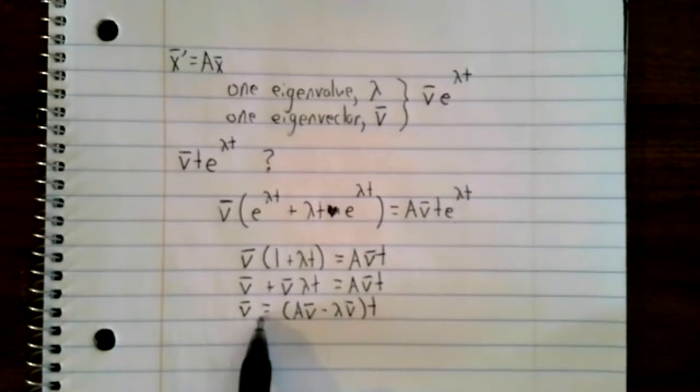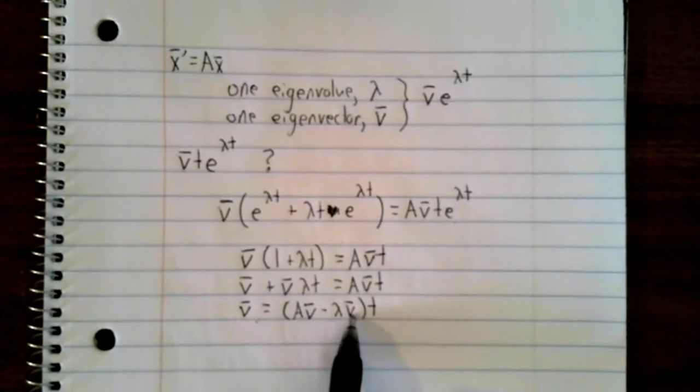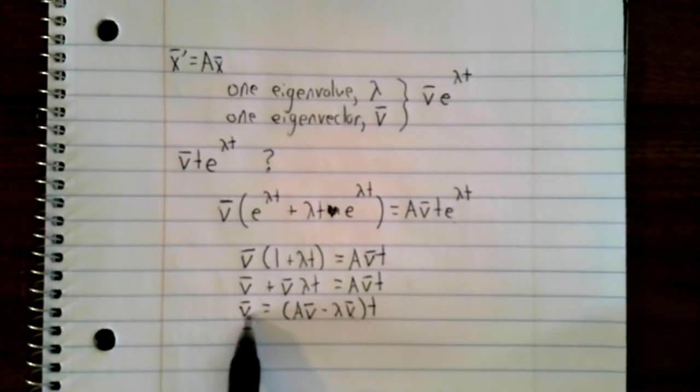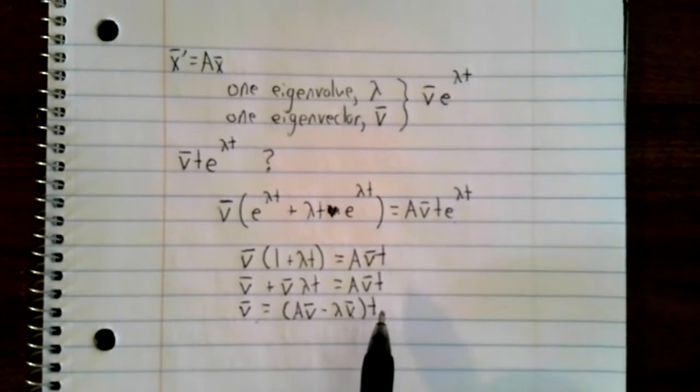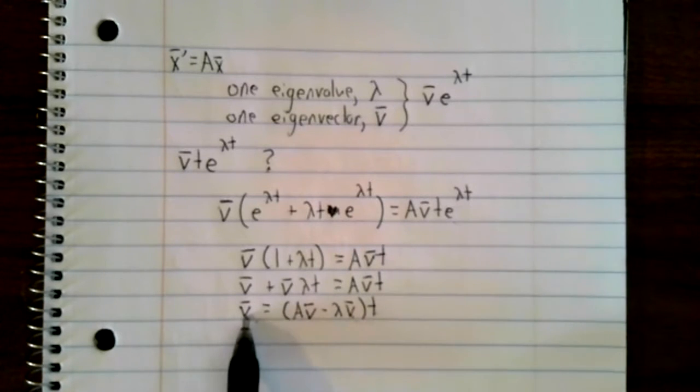And this is a problem, because this solution is supposed to be satisfied on some interval. t is a variable. It needs to be able to vary. But this is a constant, and this is a constant.